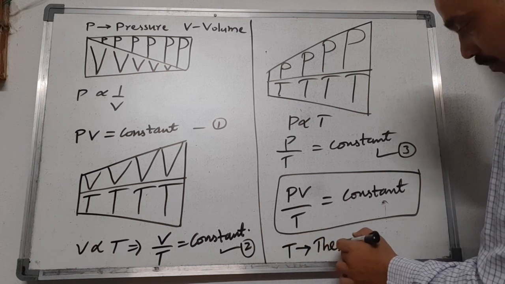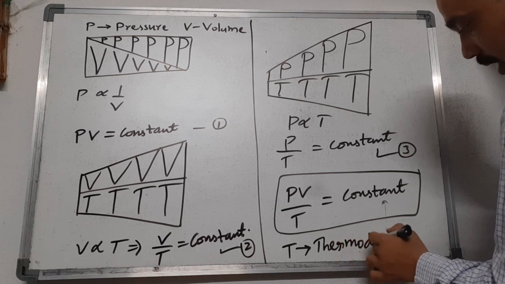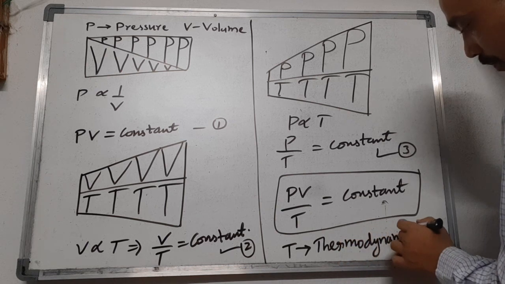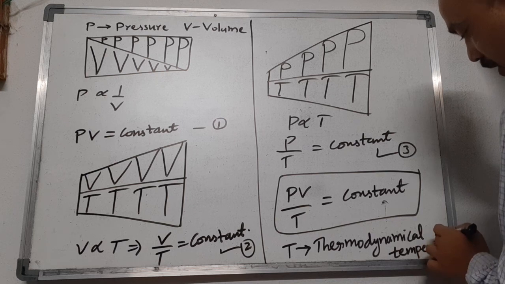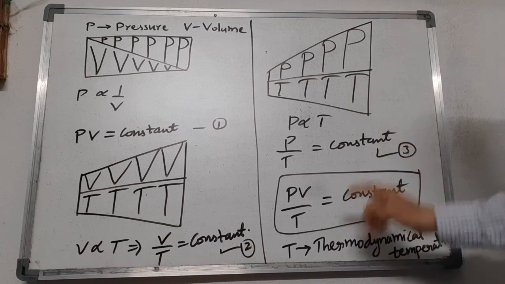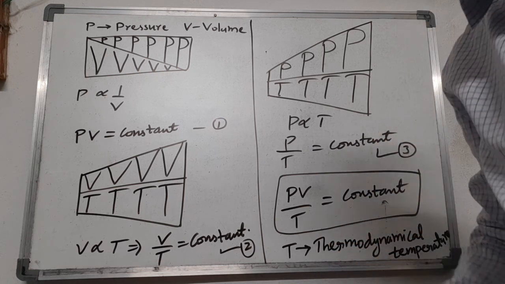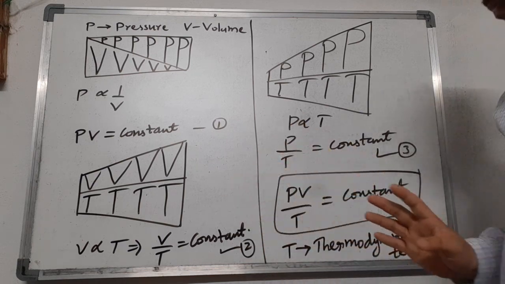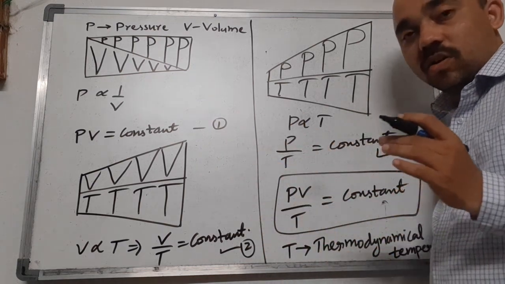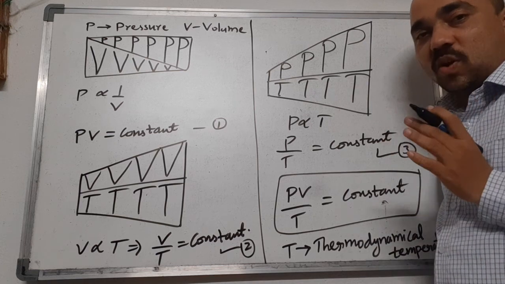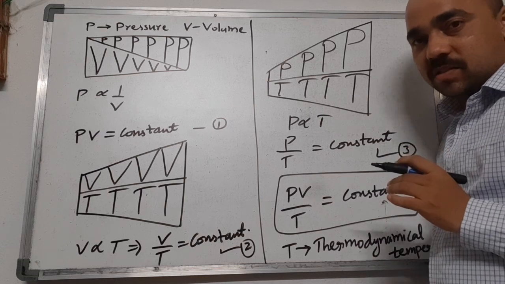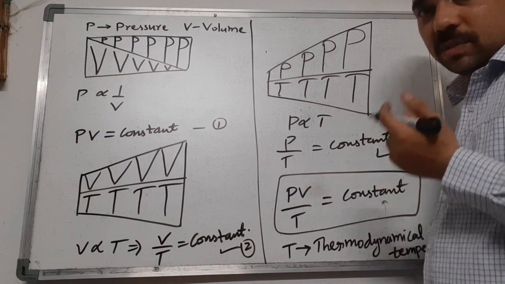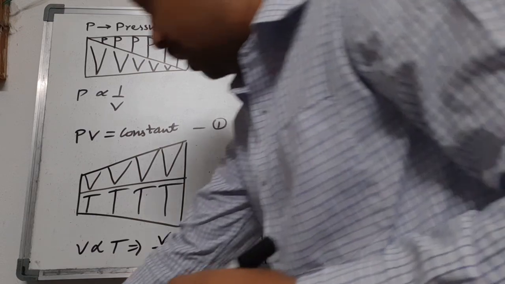What does thermodynamical temperature mean? T is called the thermodynamical temperature. It is independent of any property of the matter. Further we will explain what that thermodynamical temperature is.